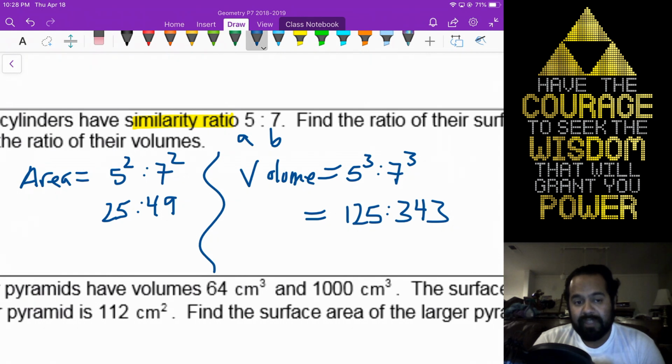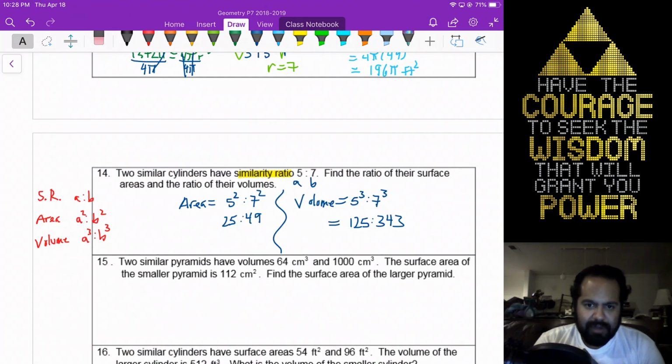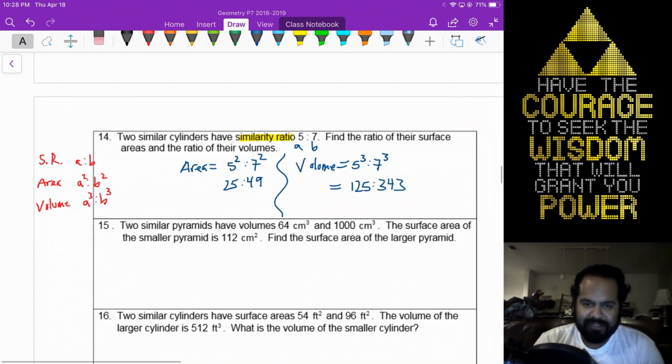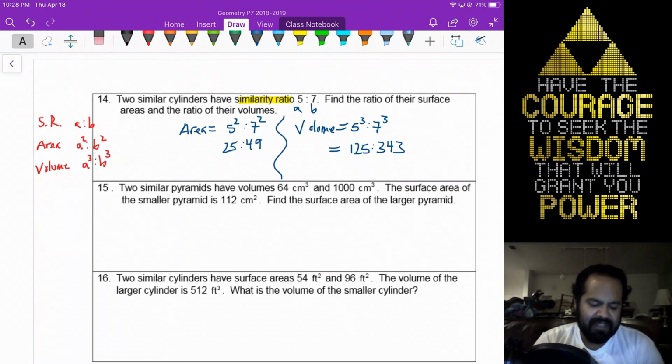Now, Eob, I'm only going to do number 15 because you are going to do essentially the exact same thing for 15 with 16. The only difference is you're given a different part of the figure first.